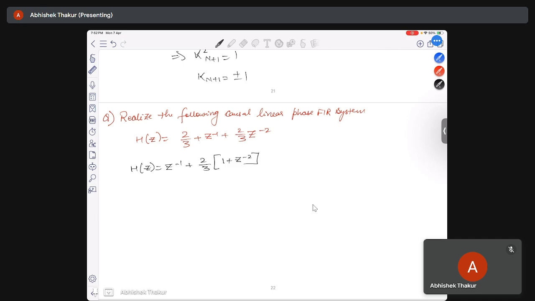So now how can we express this? Let's suppose this is our input x of n. So here it will be 2 by 3.